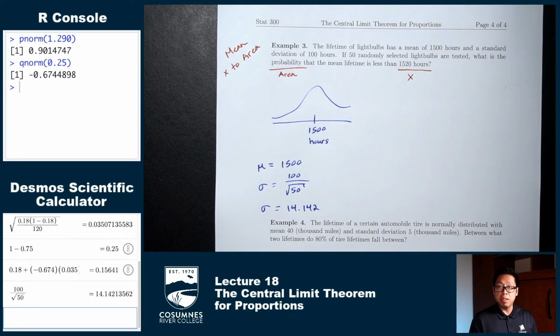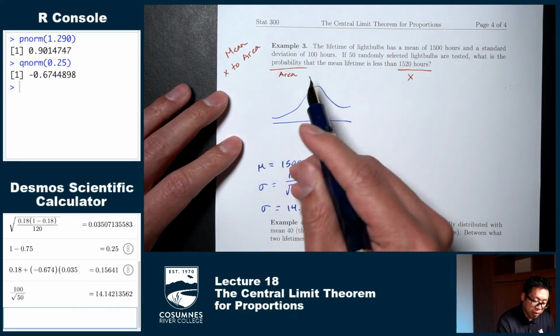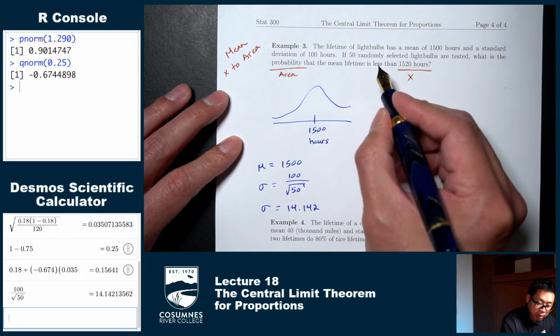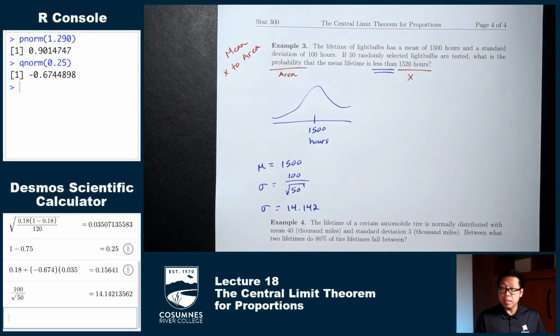Now I need to decide shaded left, shaded right, shaded between. What is the probability that the mean lifetime is less than? Less than tells me that this is going to be shaded to the left. So this is shaded left.